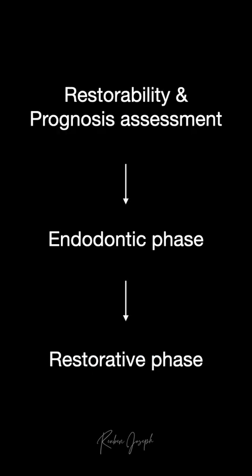Every time I do a root canal, the first thing I do is take a good look at the radiograph and understand the restorability and prognosis of the tooth. Once I'm convinced with the outcomes, then I move into the endodontic phase.